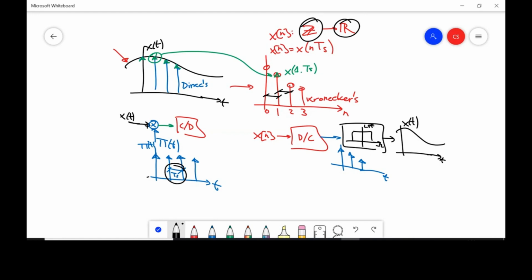This process of converting a continuous signal into a discrete signal can be decomposed in two steps. The first one is multiplying by a train of deltas.